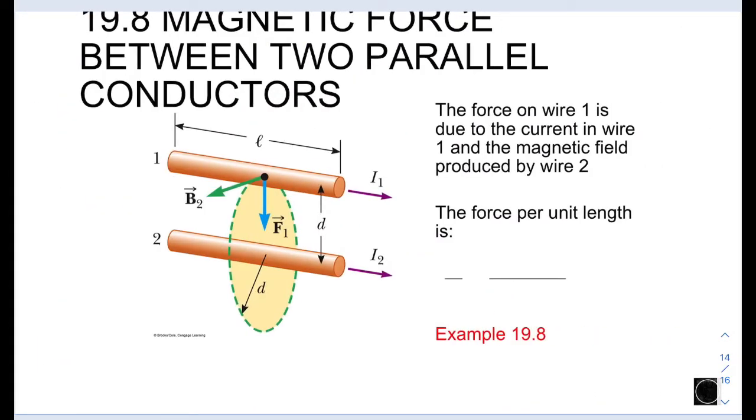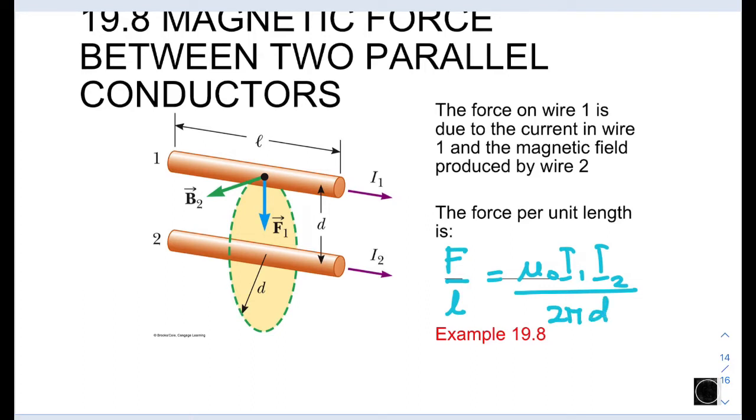Next one, this is a similar approach. This is the diagram given in your text. If the question is asking for force per unit length, you are going to put F over L equal to mu naught I1 I2 over 2 pi R, or D according to this drawing.